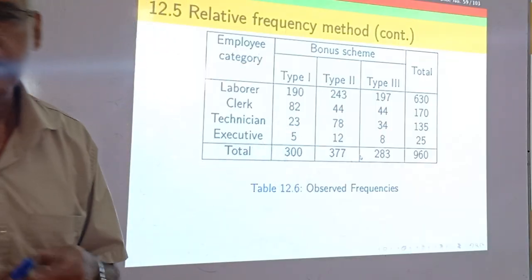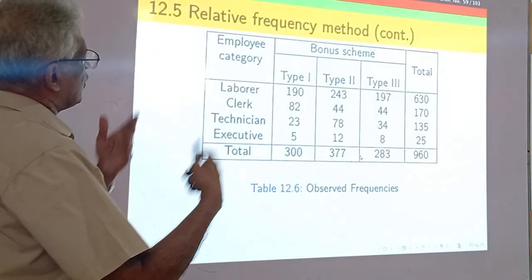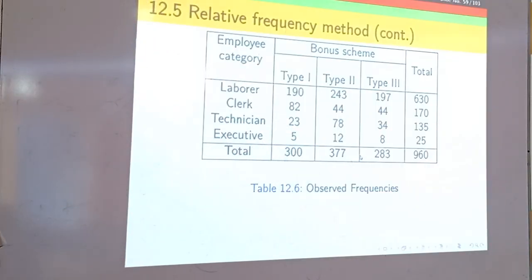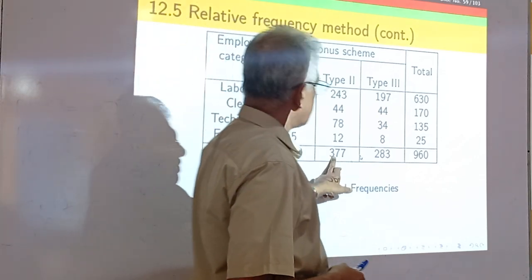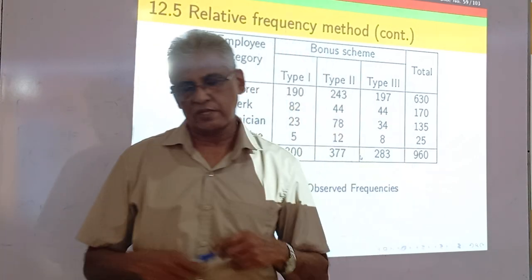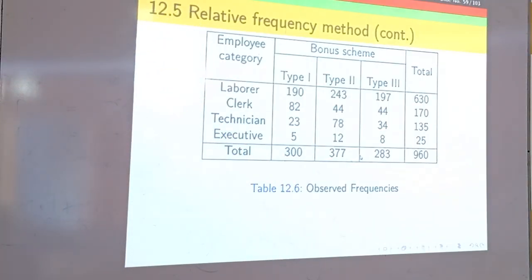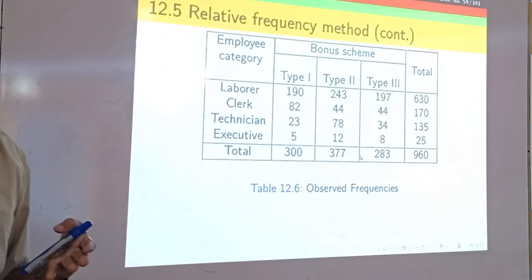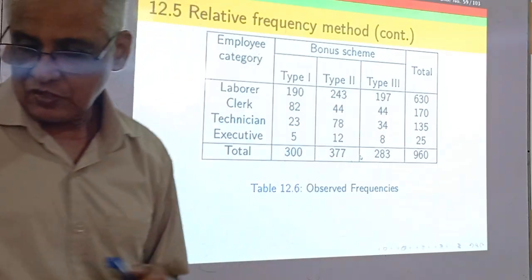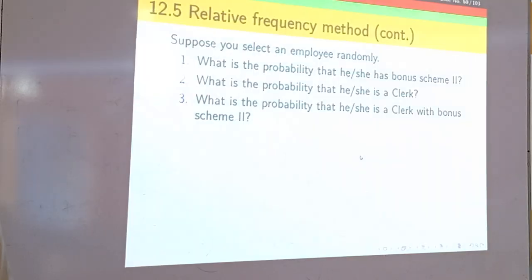That is also an unconditional probability. What is the probability that the person will have type 2 bonus scheme? That is 377 divided by 960. That is also unconditional probability, but we don't use the word unconditional there. We just say probability of that event. This question is a little different.